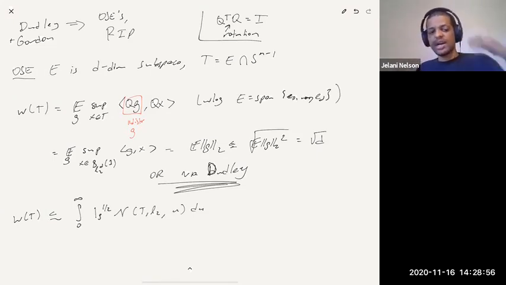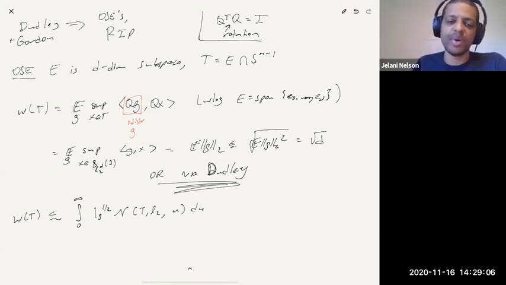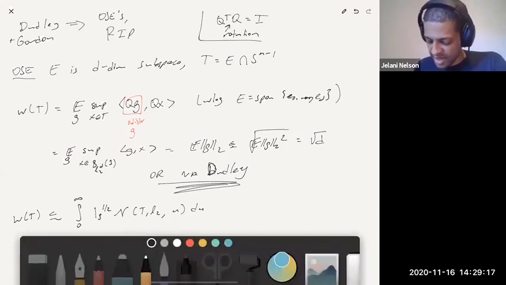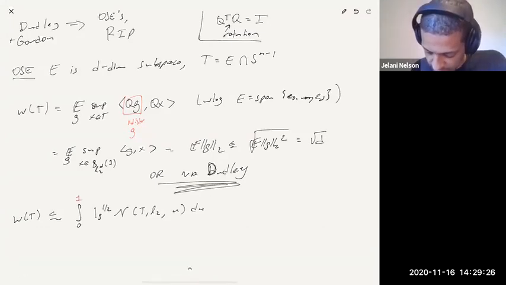First of all, I really only have to integrate to 1, because once U is bigger than 1, I can just make the net be a single point, since everything in the unit ball is within one of the point 0. And then log of 1 is 0. So everything I'm integrating beyond U equals 1 is just 0 anyway. So I'm only going to integrate up to U being 1.